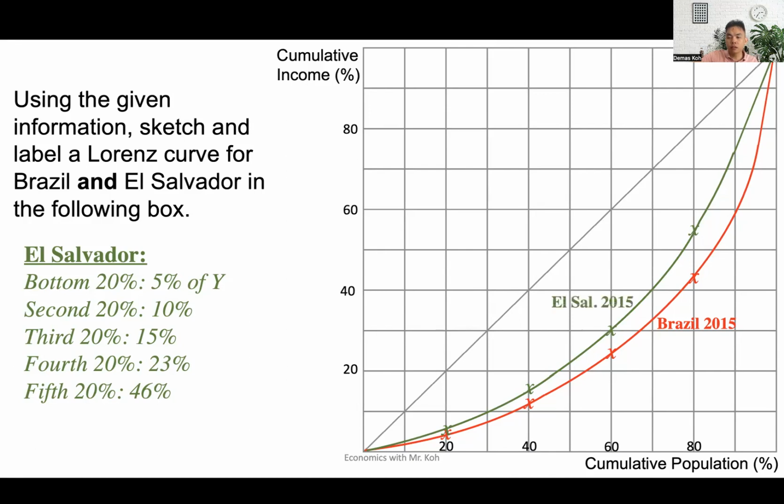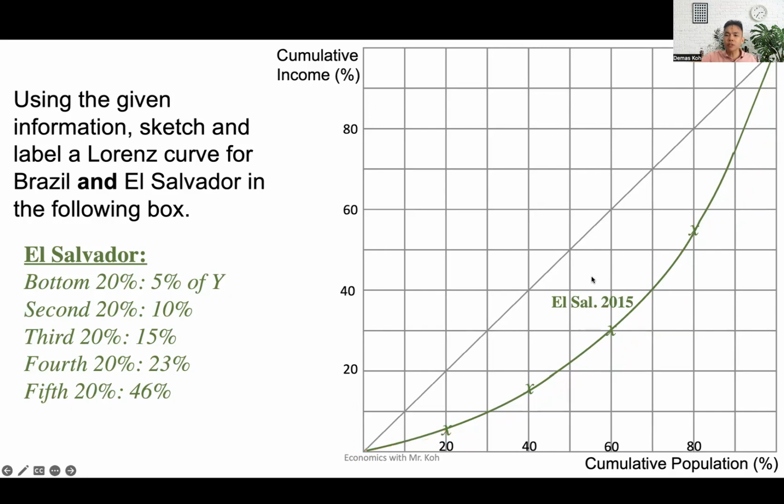And for El Salvador in 2015, in the same year, its Lorenz curve is closer to the line of complete equality, which means, generally speaking, El Salvador has a more equal income distribution compared to Brazil in 2015.